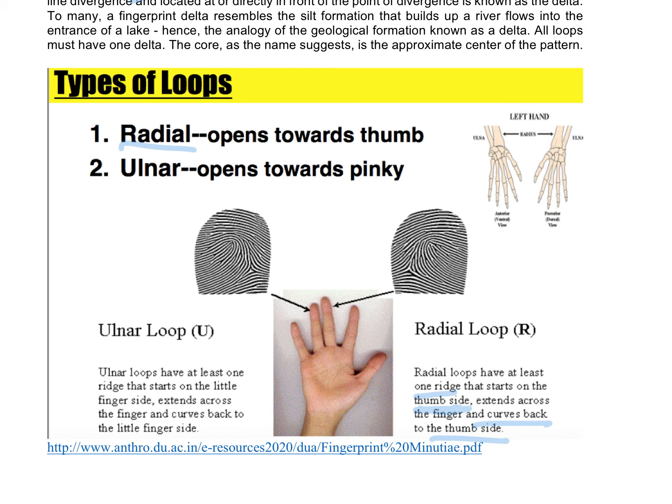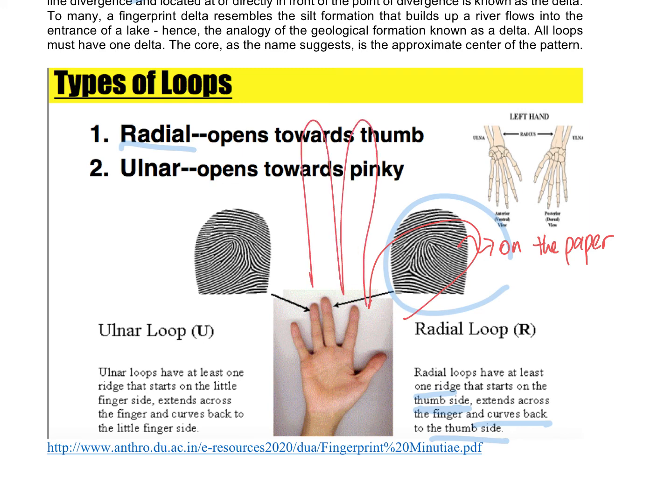So if this is for the left hand, right? So this print is on the paper. Okay, this is on the paper. So can you imagine your left hand is here? This is the thumb of your left hand.